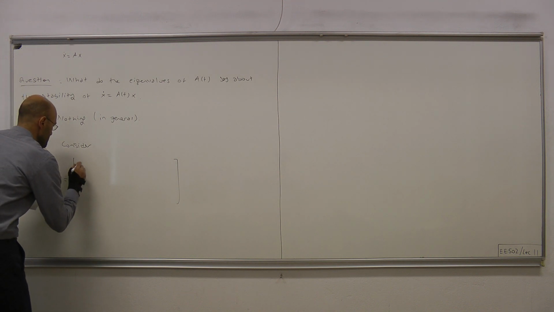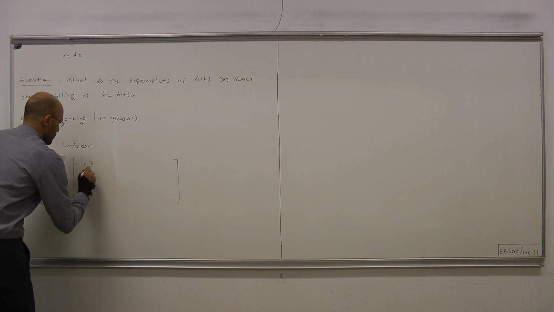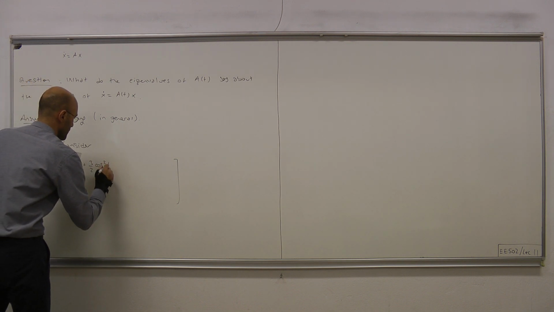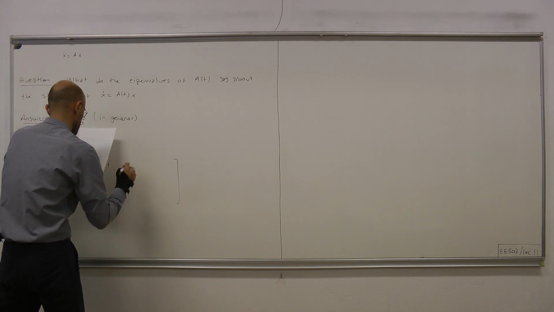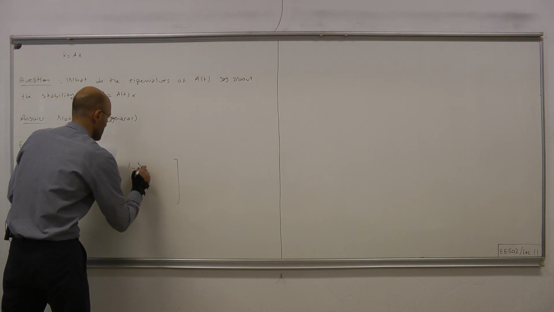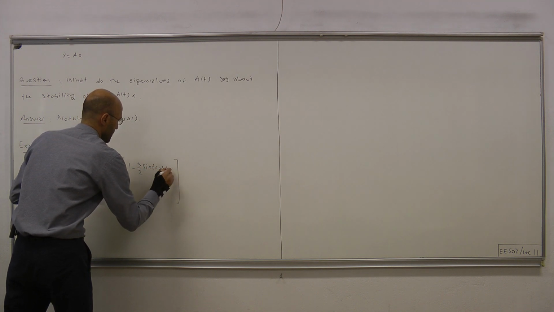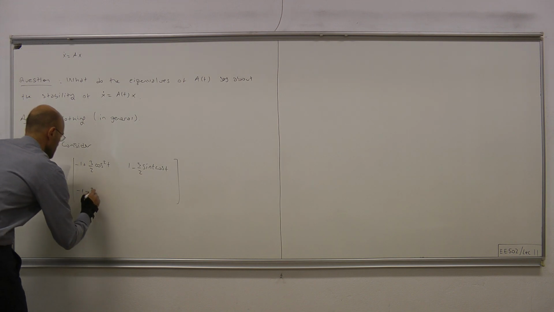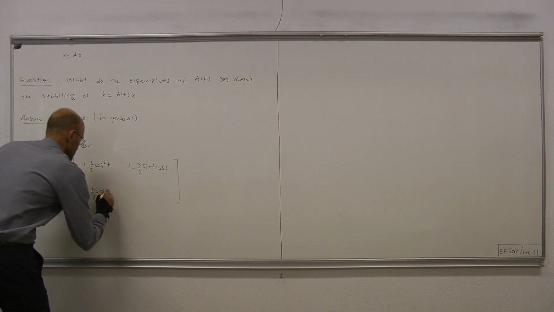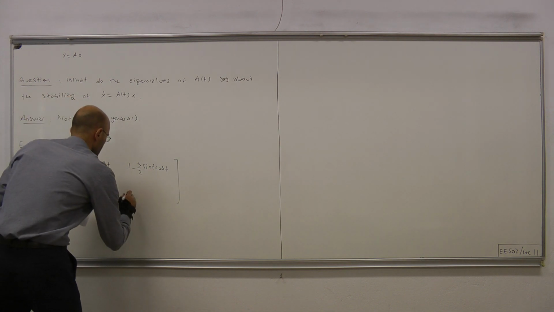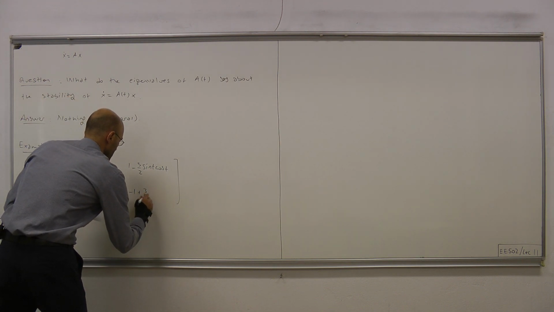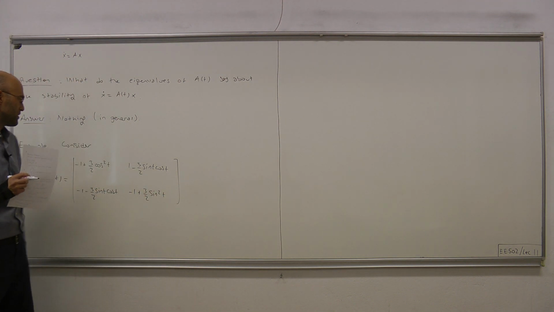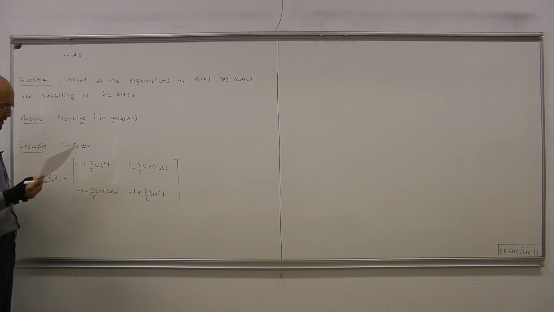The entries are given as -1 plus 3 over 2 cosine squared t, 1 minus 3 over 2 sine t cosine t, minus 1 minus 3 over 2 sine t cosine t, and -1 plus 3 over 2 sine squared t. Okay, so this is our A of t matrix.